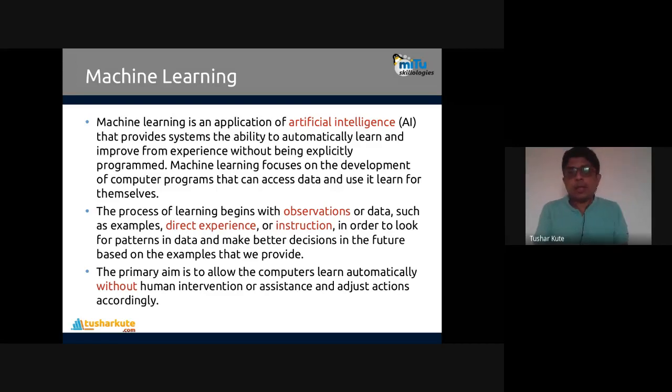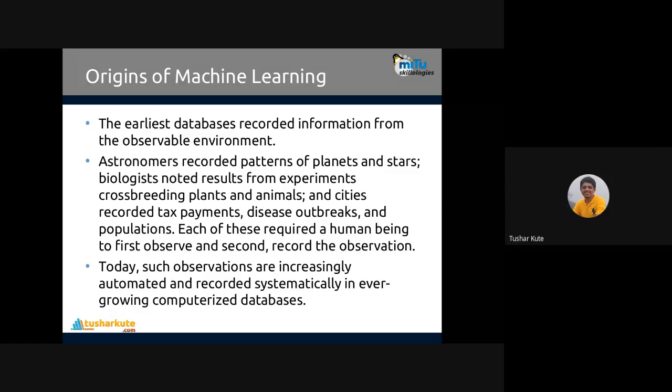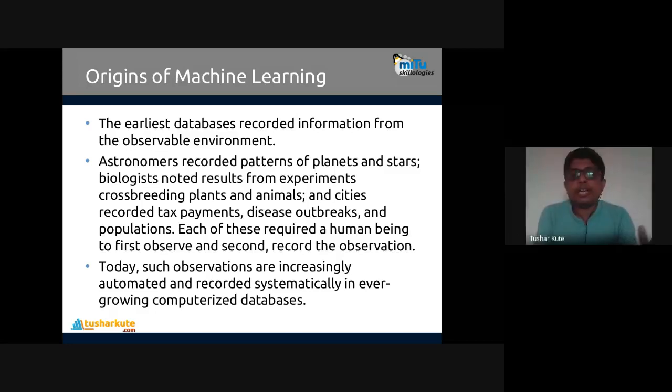Okay, remember. So how exactly does it work? The origin of machine learning is we ourselves. We have our algorithms empowered by machine learning techniques. How do we learn? We learn from previous observations, previous experiences. Earlier, databases recorded information from the observable environment. We already have an observable environment, and with it we use our brain to check the pattern.